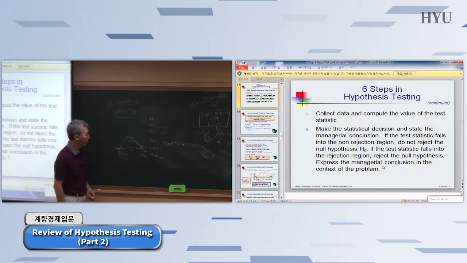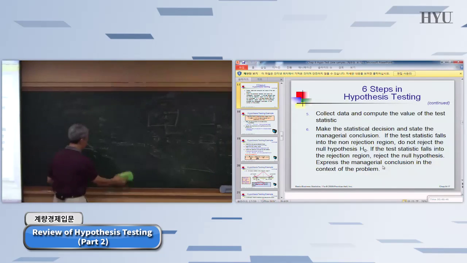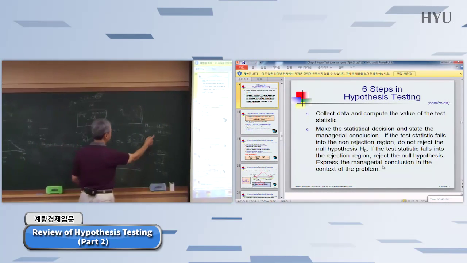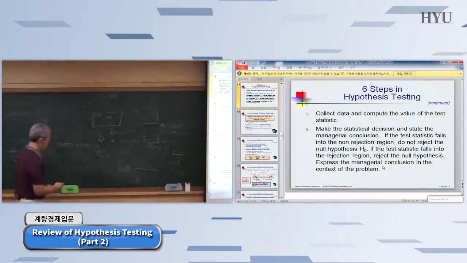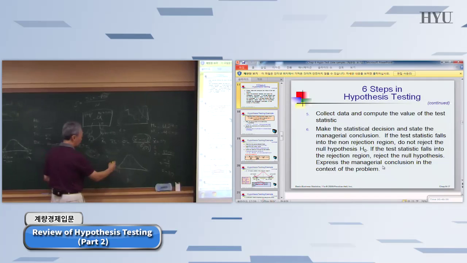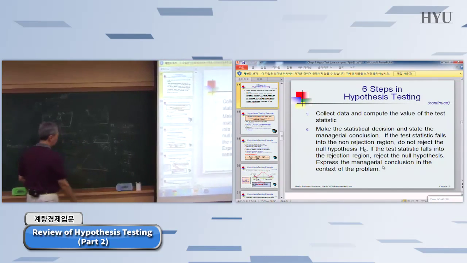Okay? If you're running a one-tailed test, you can be more specific, right? If you're running a one-tailed test like this, then obviously you're running a lower tail test. This is called the lower tail. This is called the upper tail, right?